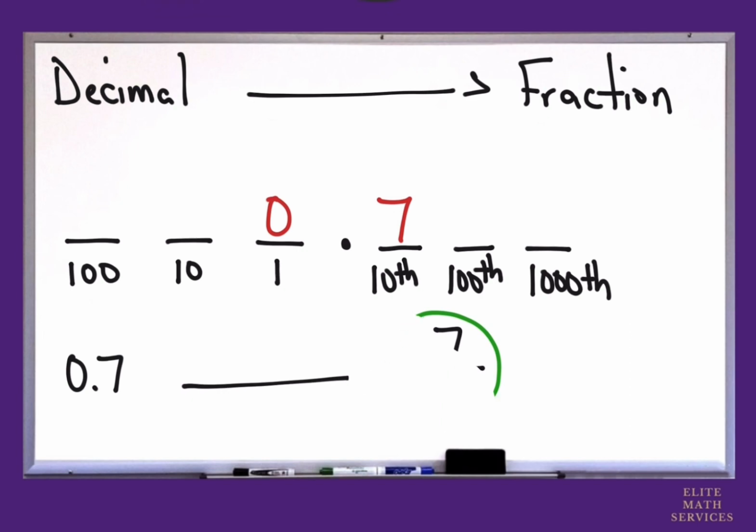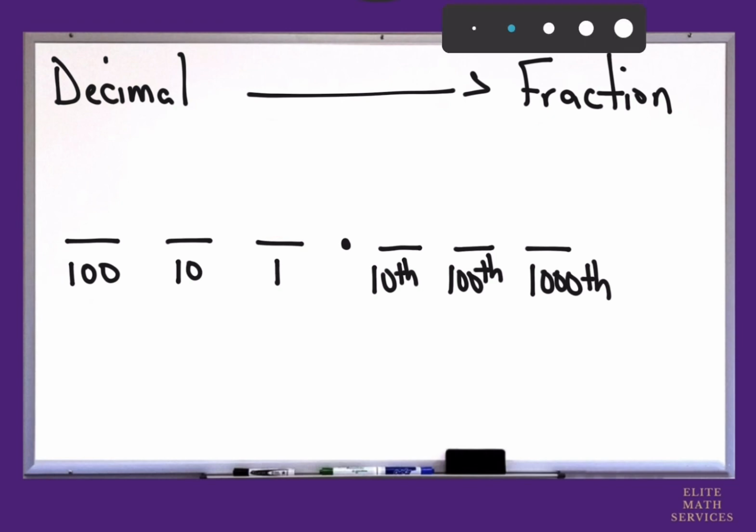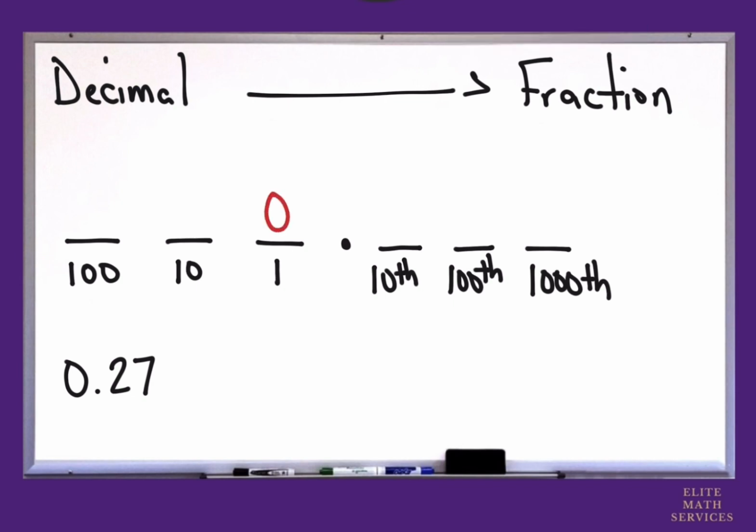Now we're going to start with a different example to have a better understanding of how to make this change. So the new decimal we're going to start off with is 0.27. So we're going to go ahead and fill in this decimal into our place value chart. Our 0 on the left, our 27 on the right.